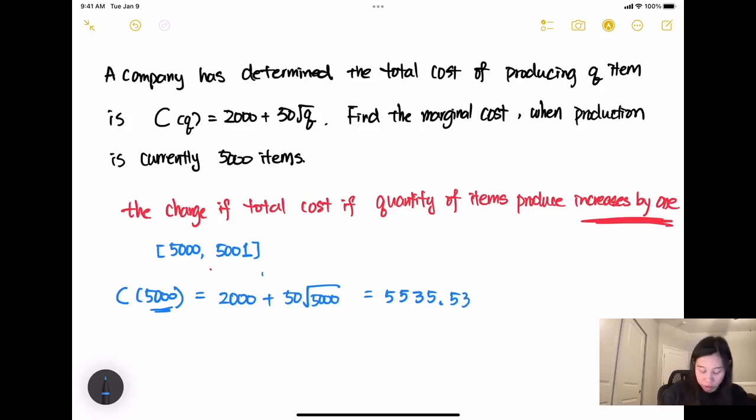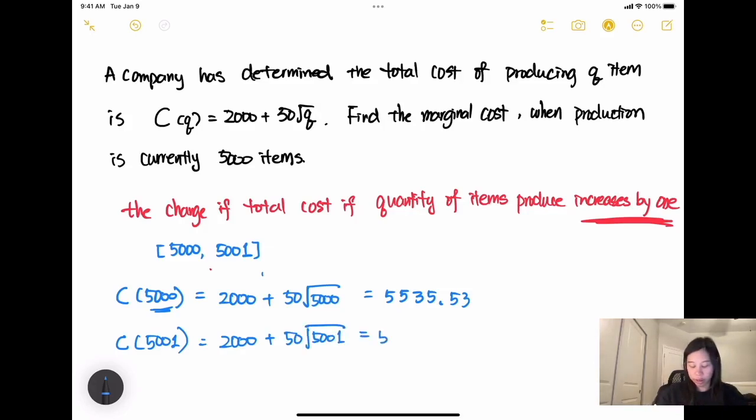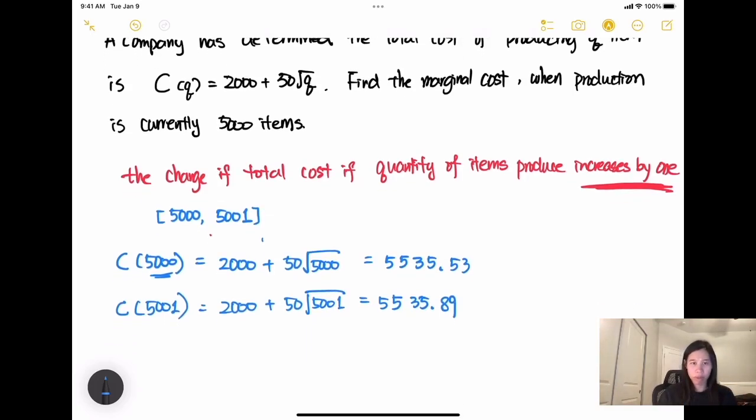And now we also need to find the cost when you're producing 5,001 items, one more item. So this is equal to what? Use your calculator, you will find that this is equal to $5,535.89. Okay, so now we have everything that we need.